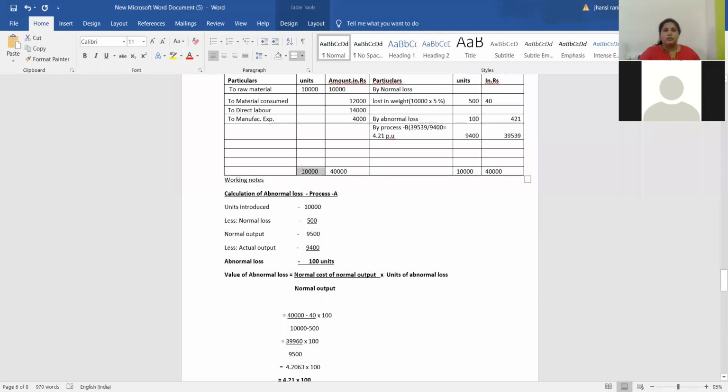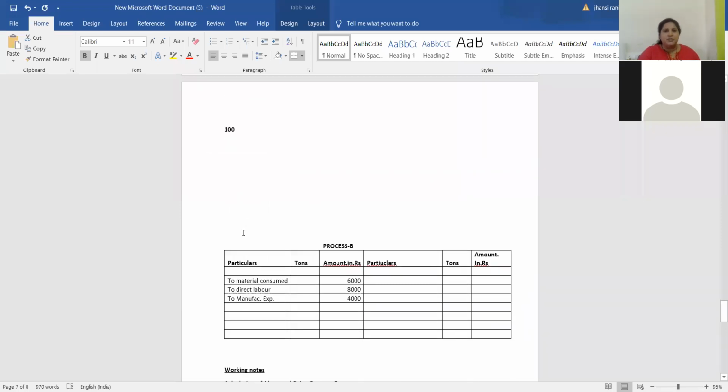So now we will move to process B and try to find out whether we got abnormal loss, or there is no abnormal loss or abnormal gain. Let us find out now. So to process B, I am transferring 9,400 units and 39,539.